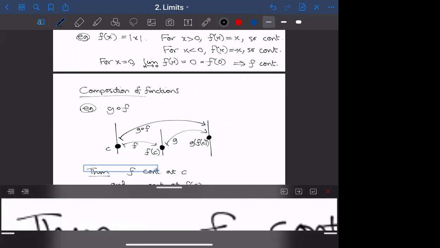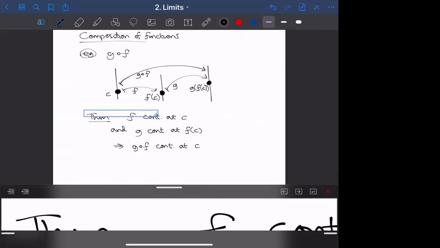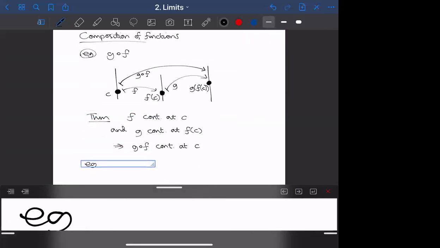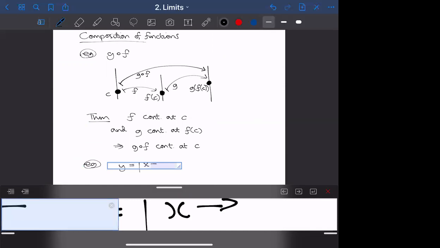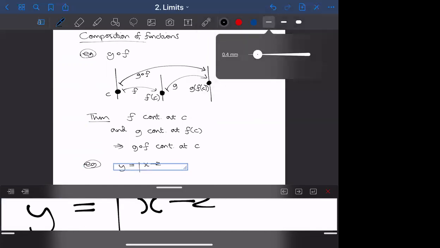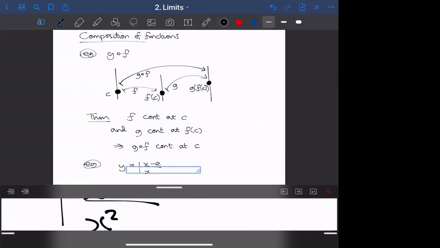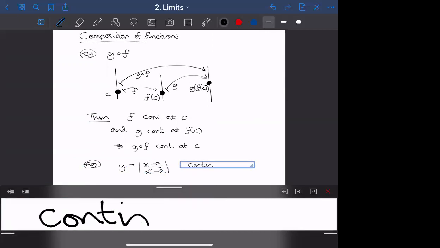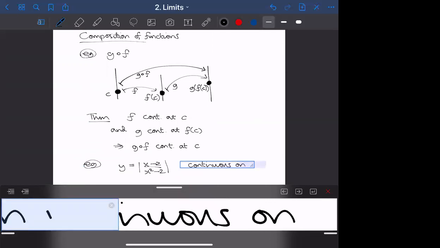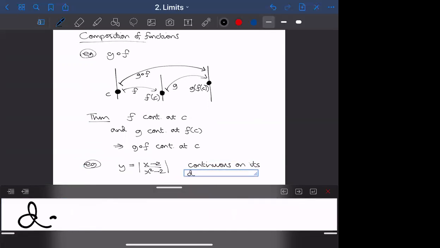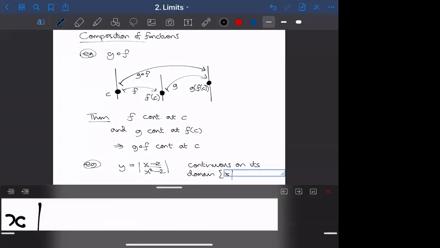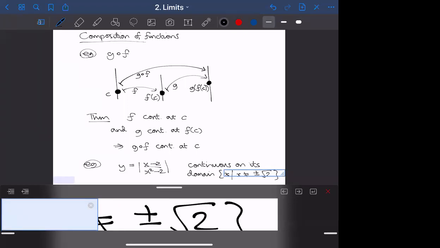So let's use that to prove an example from the book. If I take y is x minus 2 over x squared minus 2, then this function is continuous on its domain, so its natural domain is where x is not equal to the positive or negative square root of 2.